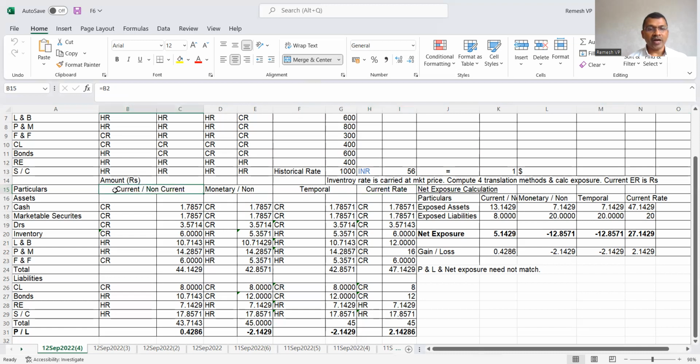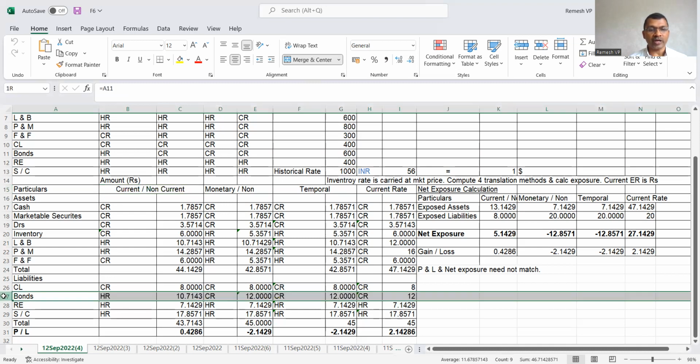Then in the current and non-current method, other than the capital as well as retained earnings, we also take any non-liquefiable assets or liabilities at historical rates. For example, you see here, bonds are taken at historical rates.